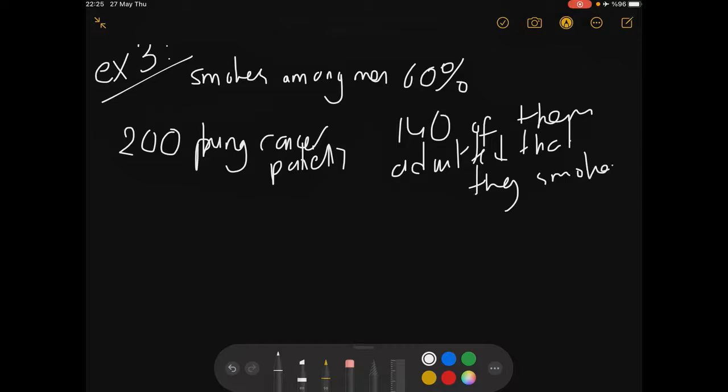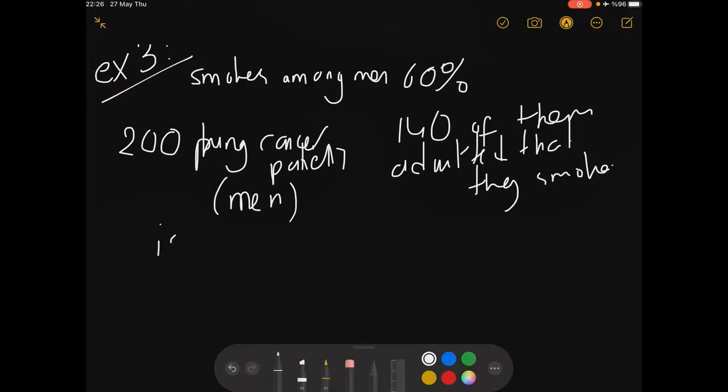Okay, of course, men. 200 male lung cancer patients, 140 of them admitted that they smoke. The question is: is it more frequent to see smokers in lung cancer patients?